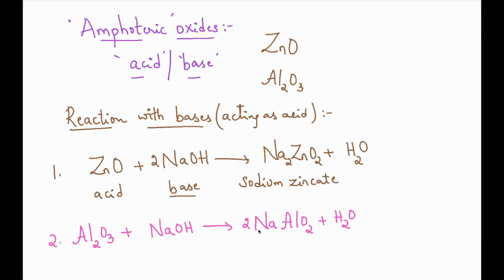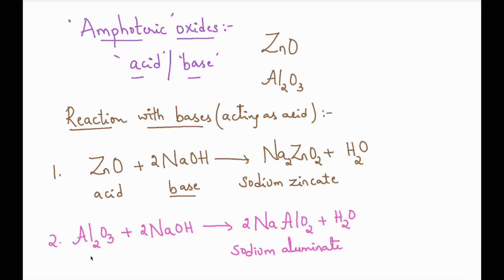To balance the equation, we have two sodiums here, so it becomes 2. And 5 oxygens on either side. So this is sodium aluminate.